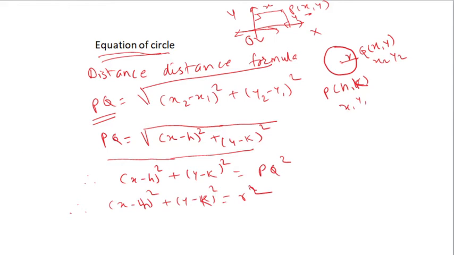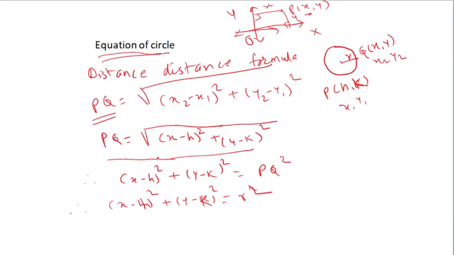Is it clear? Now, very first we define the definition. After that, we have to find the equation of circle with the help of the distance formula. PQ is equal to root of (x2 minus x1) whole square plus (y2 minus y1) whole square. Then PQ is root of (x minus h) whole square plus (y minus k) whole square.